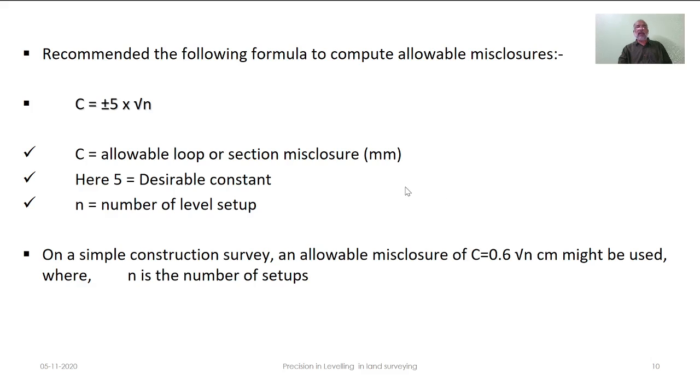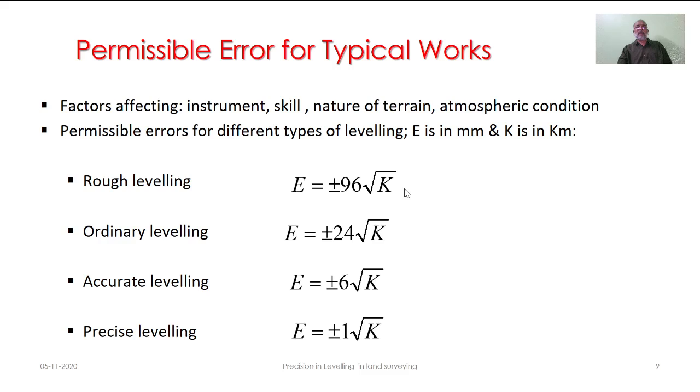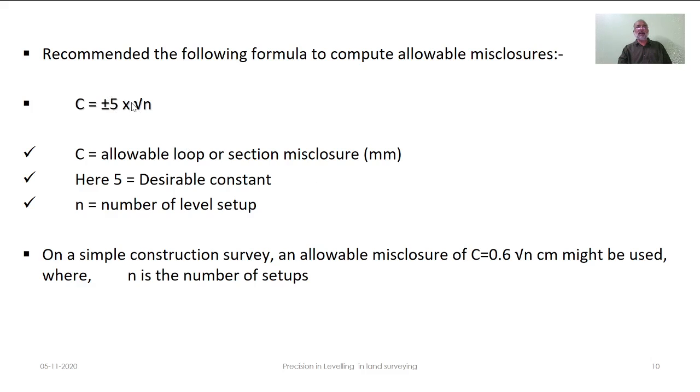What I mean to say is, there could be an expression like C root k, there could be an expression like some constant root n. These kinds of expressions are devised depending on one's experience, the quality of the work that is expected, the terrain that you are working on, atmospheric conditions, the expertise involved, and similar things.